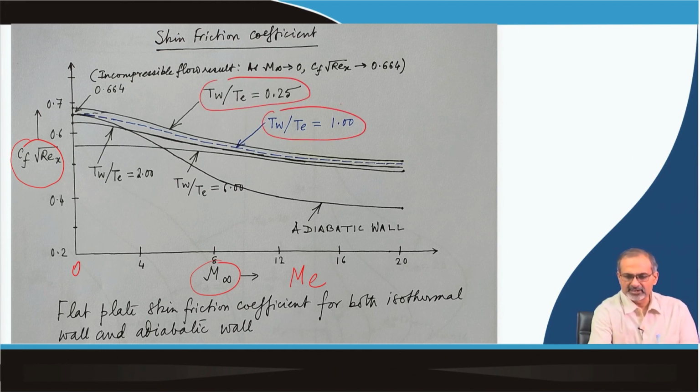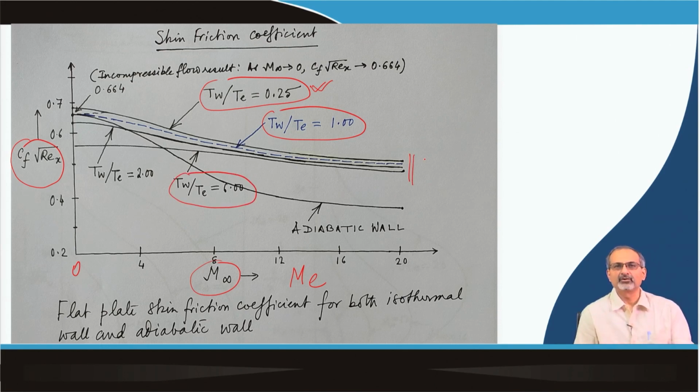So, you see that you have the lower values of T w T e curves at the highest levels, and as the TW by TE increases, the curve goes lower, and they tend to asymptotically move very close to each other as the Mach number grows. At Mach 20 they have got very close to each other, but at the lower Mach numbers they are more stretched apart from each other.